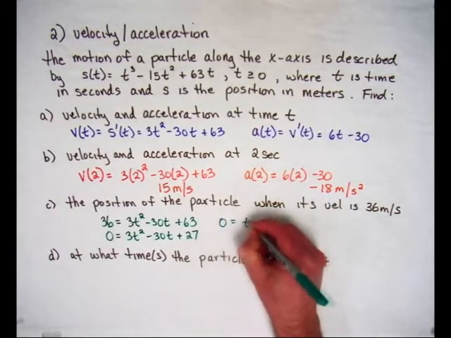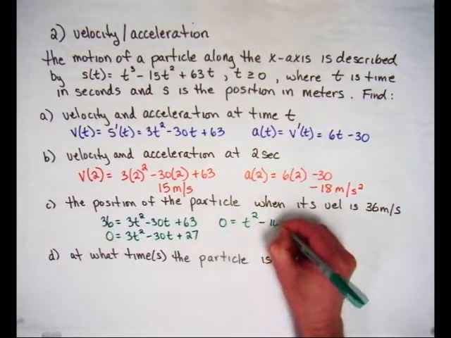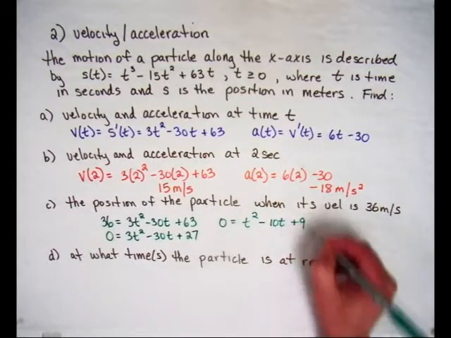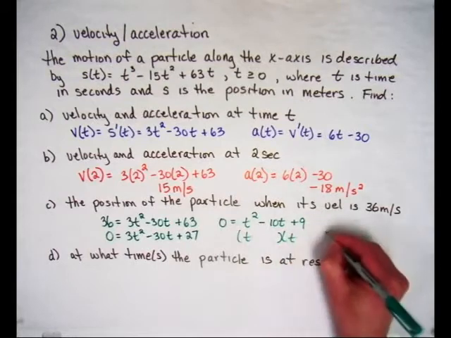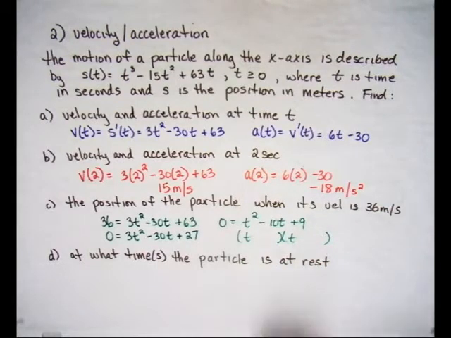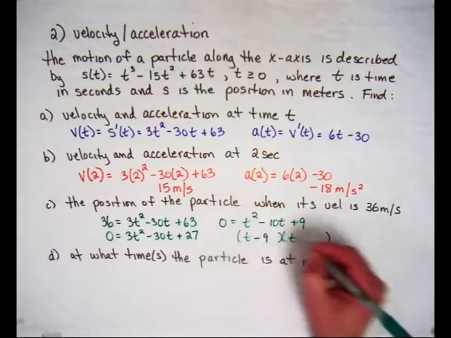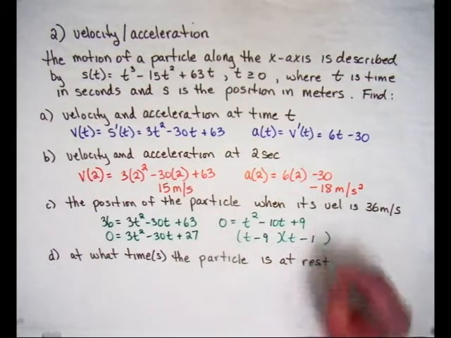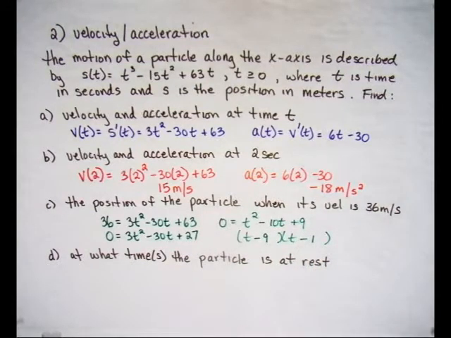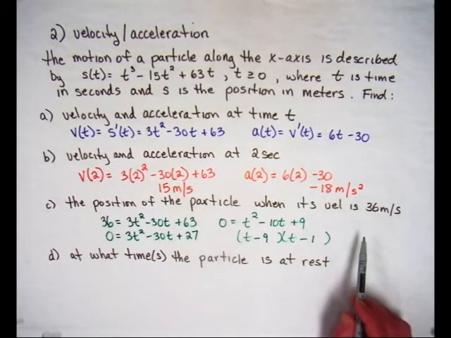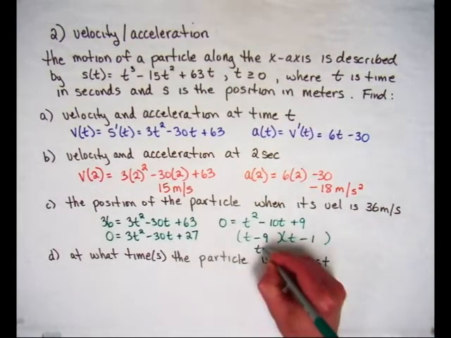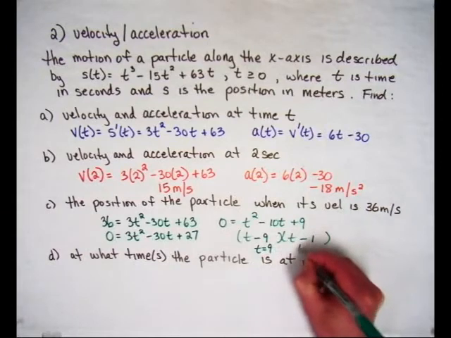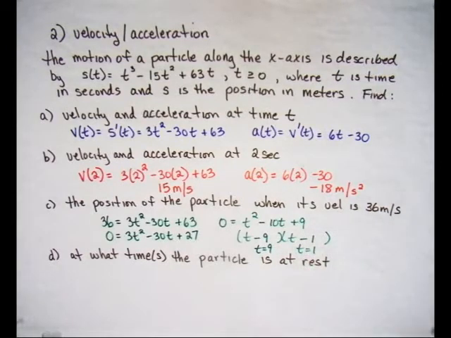So 0 equals t squared minus 10t plus 9, which we will then factor. And we get t minus 9 and t minus 1. So what that's telling us is that there were actually two different times when the velocity was 36 meters per second. There was a time at 9 seconds and a time at 1 second.